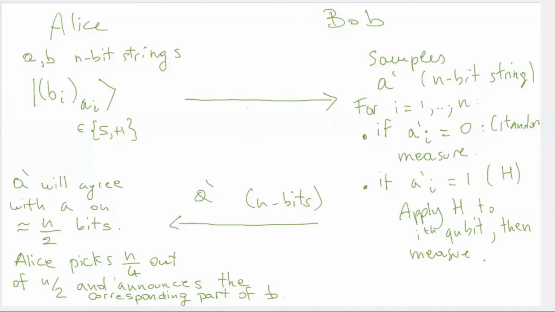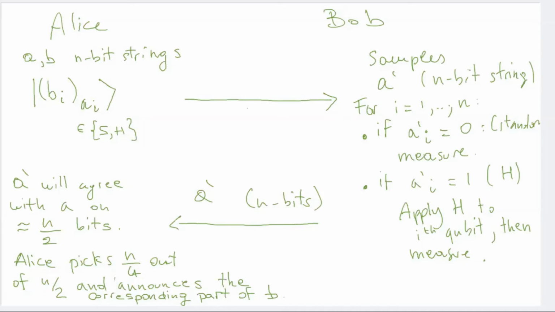So Khurshad said, I didn't understand the part about the bases being communicated. Bob is making a choice of bases and then communicating this choice of bases to Alice. Now, an eavesdropper that sees the choice of bases. Let me back up. The reason they're communicating the choice of bases is, two reasons.